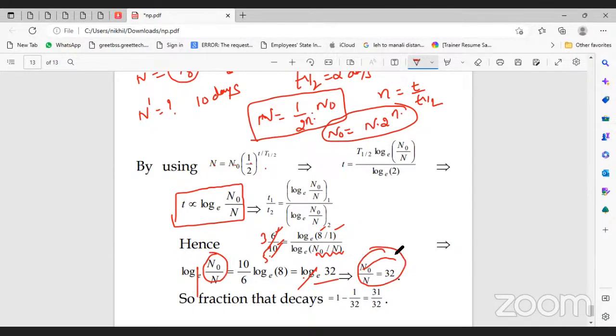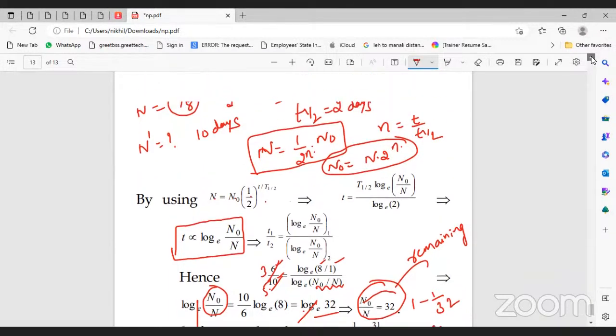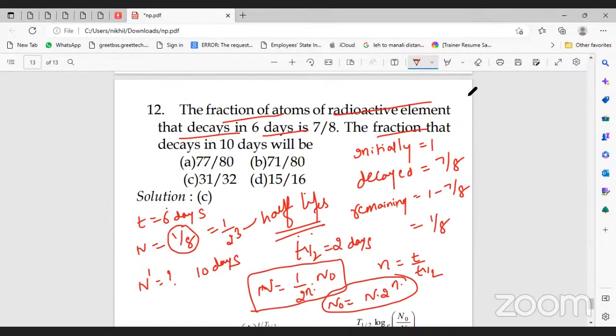So this is remaining in the sample. But they are asking you to find the decay. Decay means 1 minus remaining. That is 1 minus 1 by 32. So what will be the LCM? 32. So 32 minus 1 will be 31. So the number of atoms that decay will be 31 by 32.